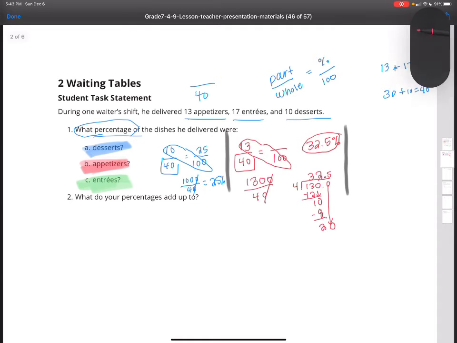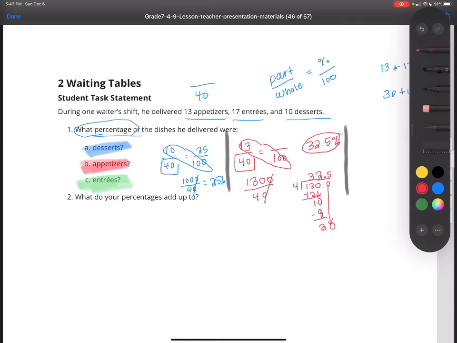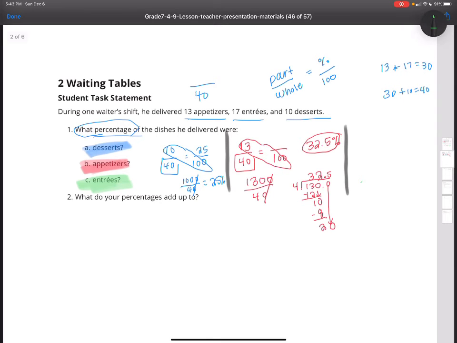So then my last one is the entrees, which is 17 over 40 equals blank over 100. And what I want to do is multiply going across and divide by 40. So 17 times 100 is 1,700 divided by 40. I want to scratch out the zeros because we don't need them.